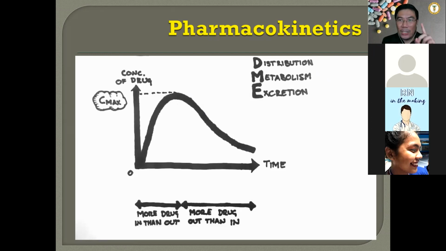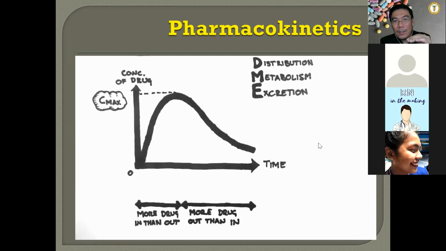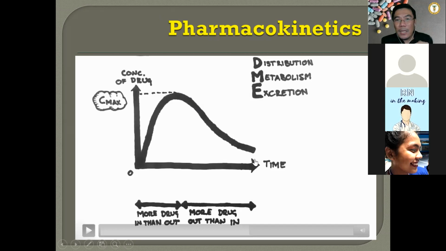Can you imagine that if, for example, the first dose is at 12 noon, the drug reached its maximum concentration level at 4 o'clock, and it is already decreasing in percentage. So meaning, you need again to support continuity of the drug. Meaning, you must give the drug at 8 o'clock. So there must be continuity.